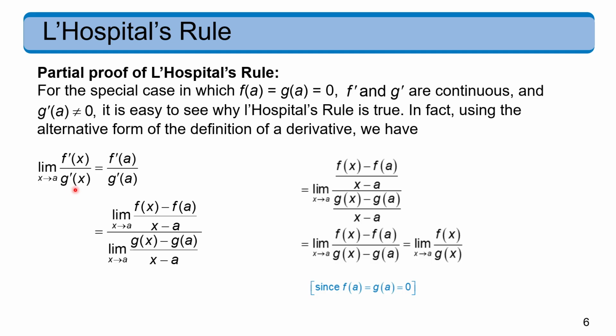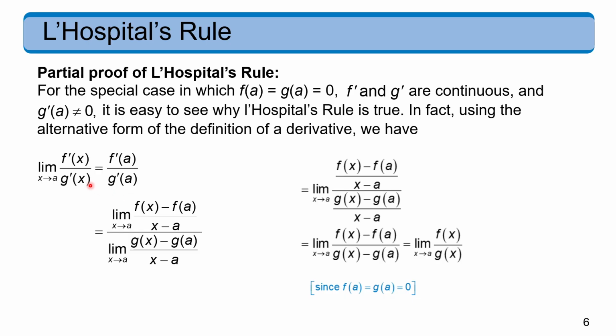Now this first step is evaluating this limit using direct substitution, right? We kept f prime and g prime, we just plugged in a for x. Now why are we allowed to do that? How do we know direct substitution will work? Well, one is because g prime of a, we assumed it's not 0, so we don't have the problem of 0 in the denominator.